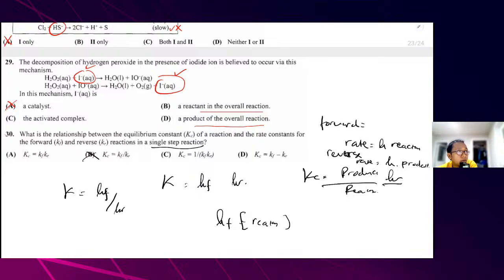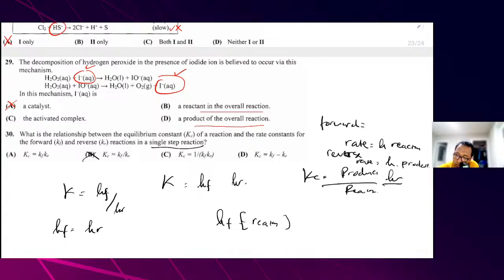The rate of reaction for the forward is Kf from the reactant. And then for the reverse, Kr from the product. Rates are equal. So Kf reactant and then Kr product. So product per reactant is Kf per Kr.